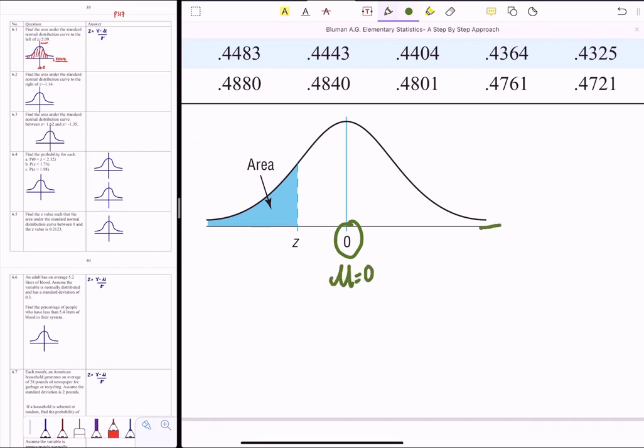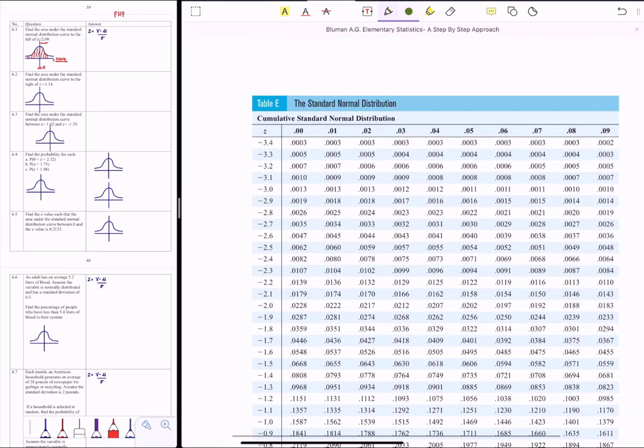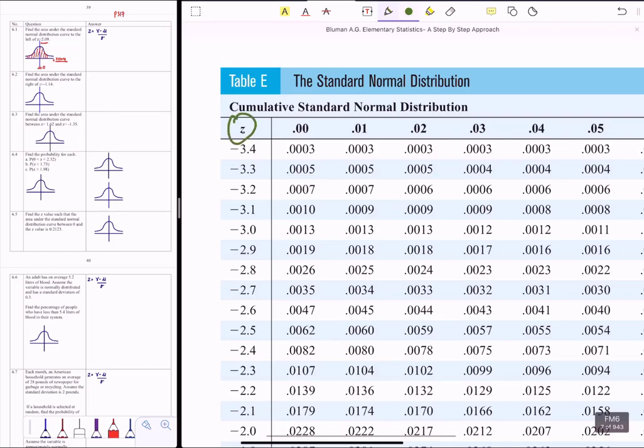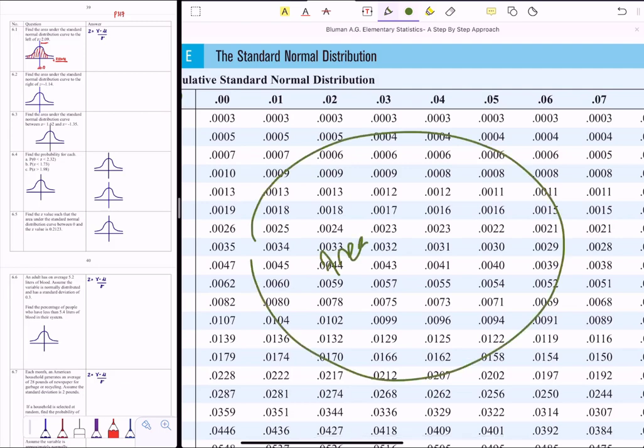And the x-axis is the z-score. Then the area under the graph you can find using table E. This one is the z-score, representing the x-axis. And inside this is the area.